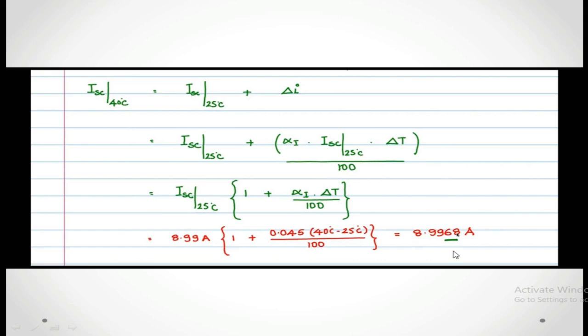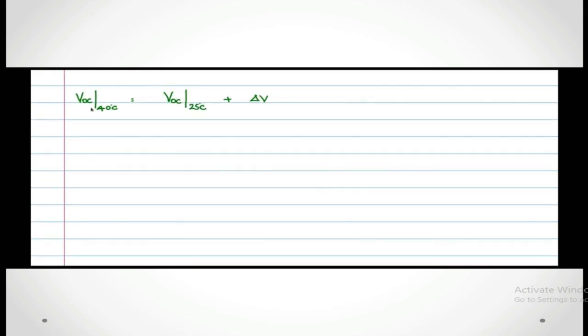Now let us try to understand how the temperature is going to affect our open circuit voltage. For that we need to find VOC at 40 degrees centigrade, which is the sum of VOC at 25 degrees plus delta V. Here delta V must be negative because VOC is reducing as temperature is increasing. Delta V will be alpha V into VOC at 25 degrees centigrade into delta T by 100.